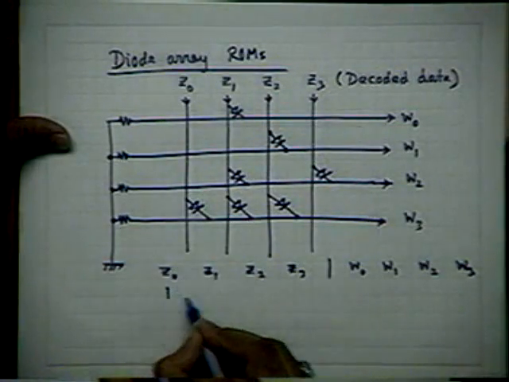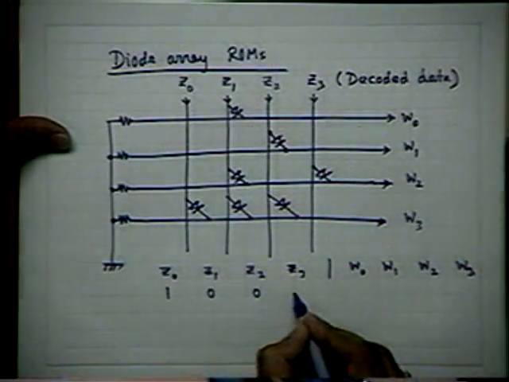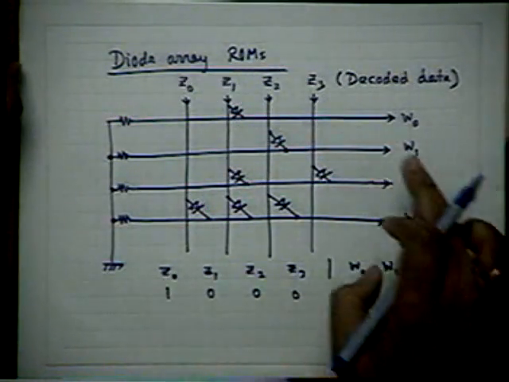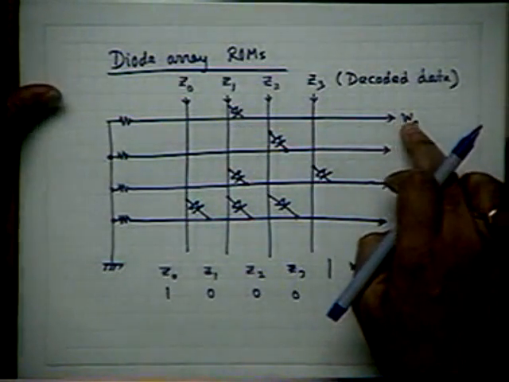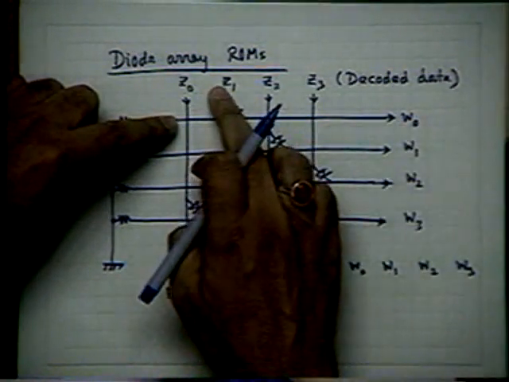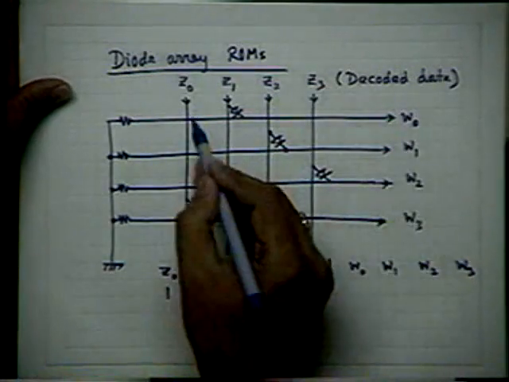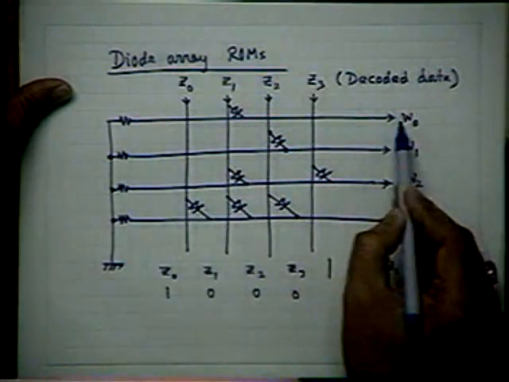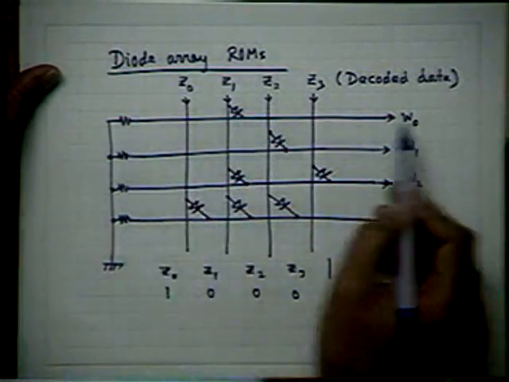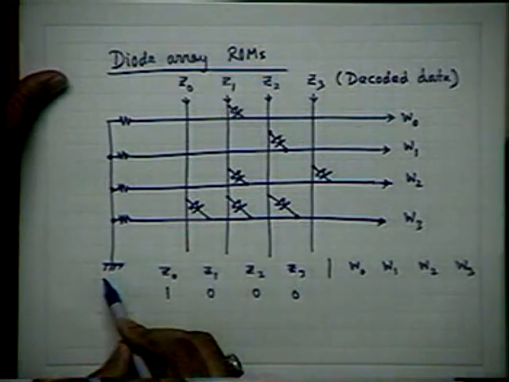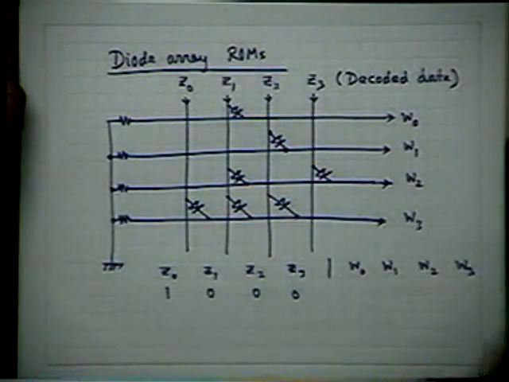So when you are applying a decoded signal like this, what will be W0? You see that these three are 0, this is 1, but this is unconnected. So W0 will be at 0 potential, because all these word lines are ultimately terminated to ground through these resistances. They are pull down resistors.